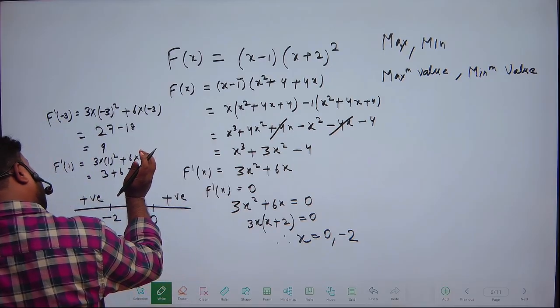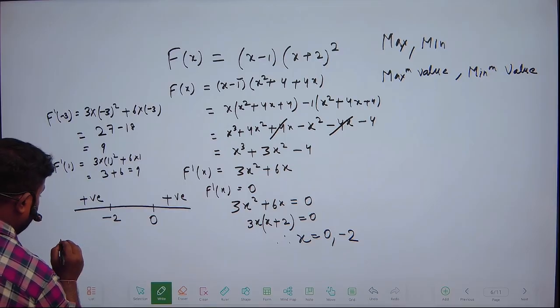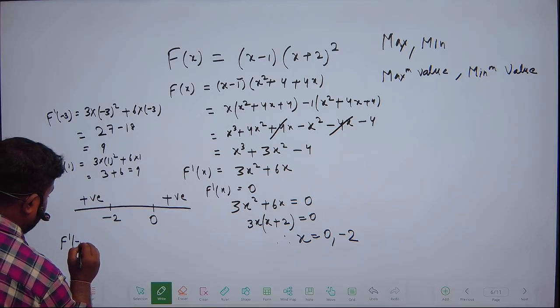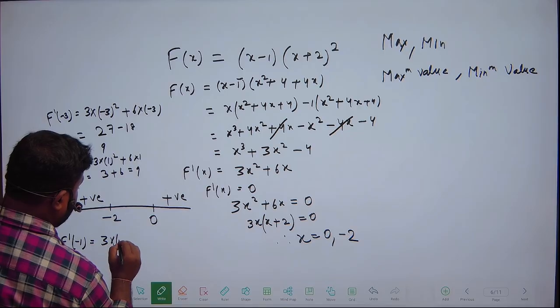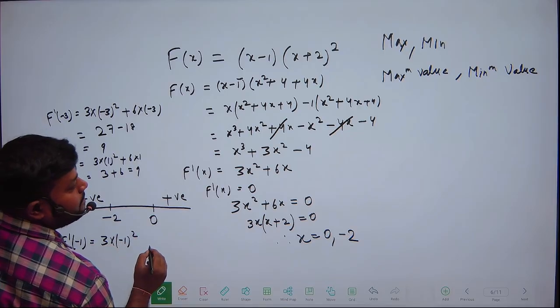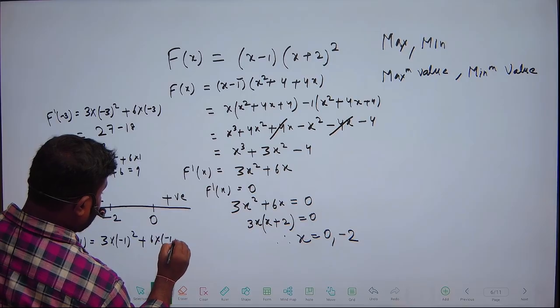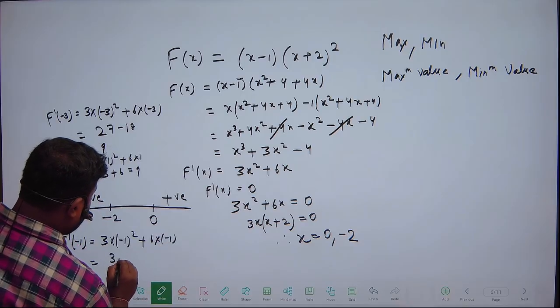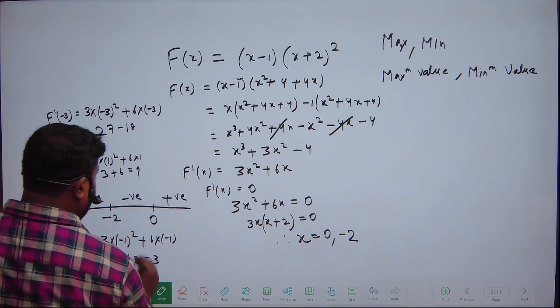Now let's take one value in between -2 and 0, that is -1. Let's find f dash of -1: 3 times -1 squared plus 6 times -1, that is 3 minus 6, which equals -3. Here we got negative.